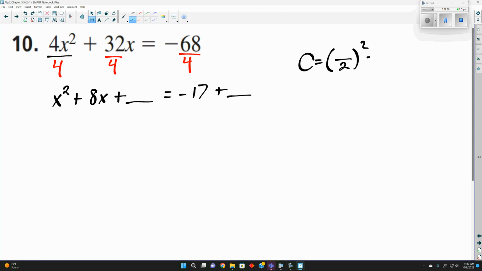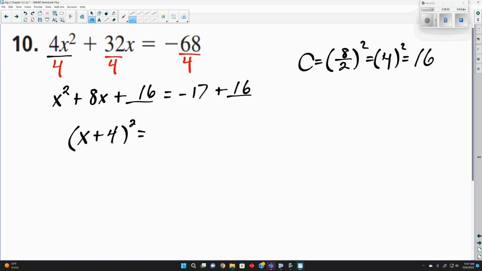b over 2 squared. And in our case here, b is 8. 8 divided by 2 is 4, and 4 squared is 16, so we're adding 16 to both sides. Now we need to factor. x squared plus 8x plus 16, you get x plus 4 squared.